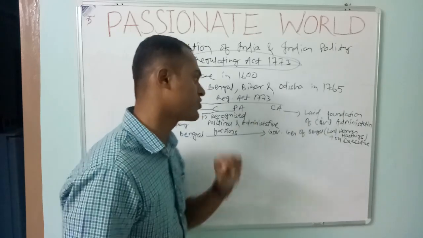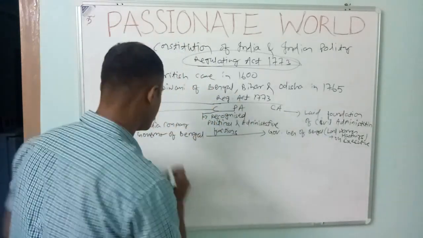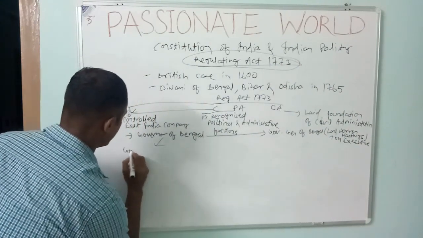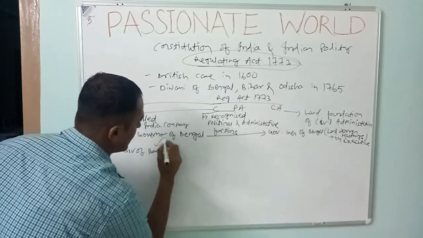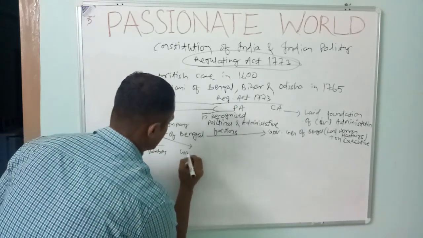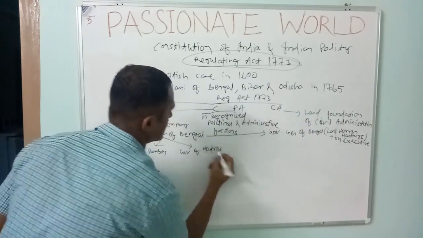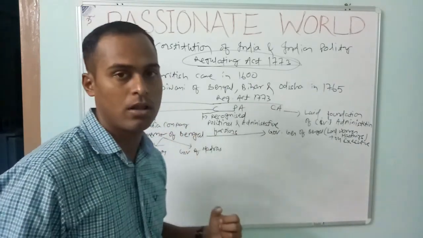Warren Hastings plus 04 executive. And because of the changes of 1773 Act, what happened? Governor of Bombay and Governor of Madras, they became subordinated to Governor of Bengal.